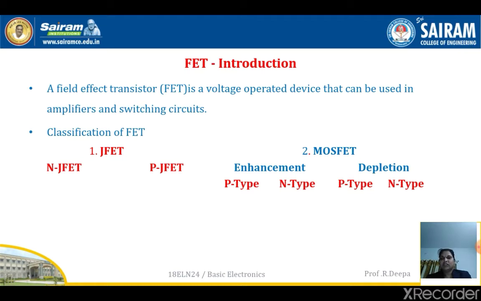Under junction field effect transistor, it is again classified into two types, N-channel JFET and P-channel JFET. The MOSFET is classified into two types, enhancement mode and depletion mode. Under enhancement mode, we have both P-type and N-type. Under depletion mode, again it is classified as P-type and N-type.